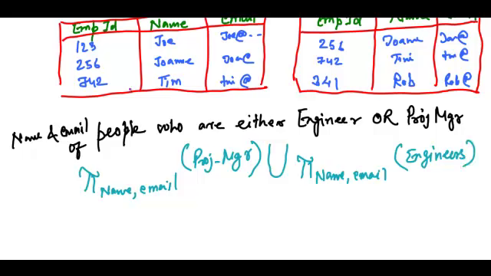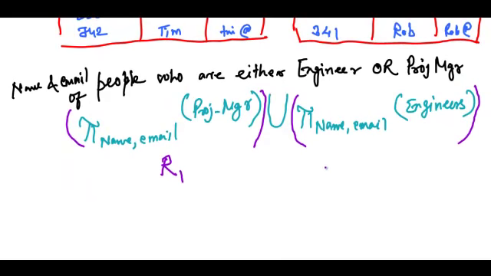Okay, so we have two relations working here. There is one relation which is going to give me name and email of all the project managers, and another relation which is going to give me name and email of all the engineers.